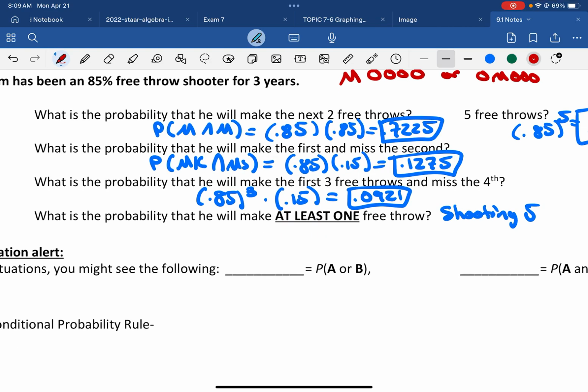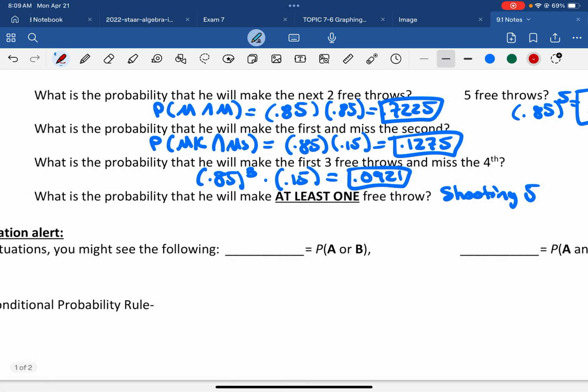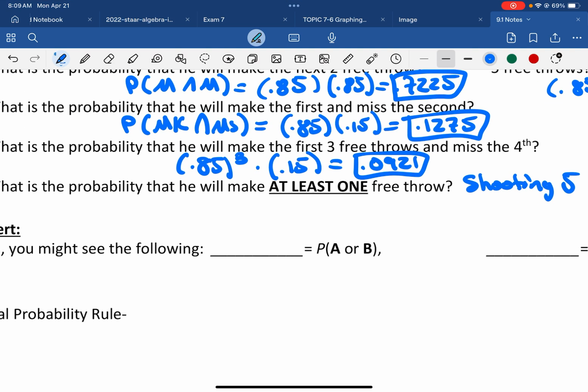All right. So let's think about the opposite instead. The opposite of making at least 1 would be missing all of them. So missing all of them would be the complement. If we calculated this as a complement, it becomes a whole lot easier.